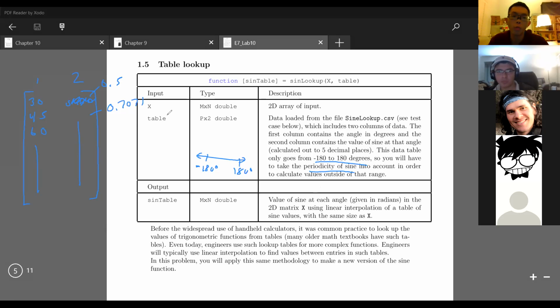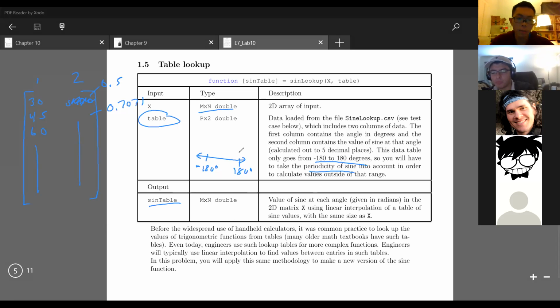Without looking at the code, I'm guessing it's going to use our 1.3 function to calculate, doing the same thing as we were trying to do earlier, but with our sine periodic. You take a matrix and compute a bunch of sines.